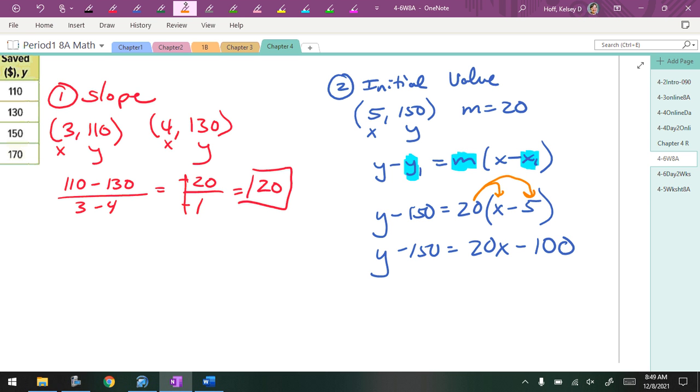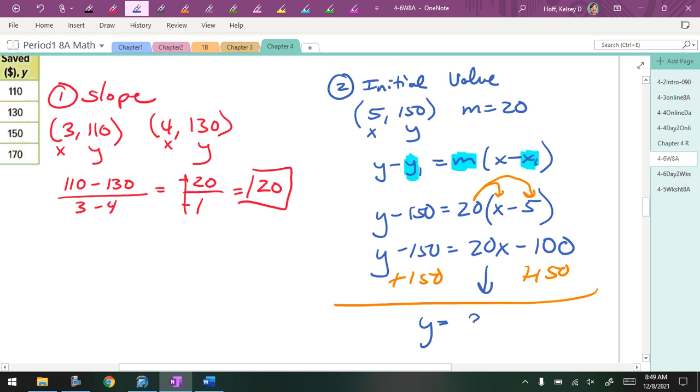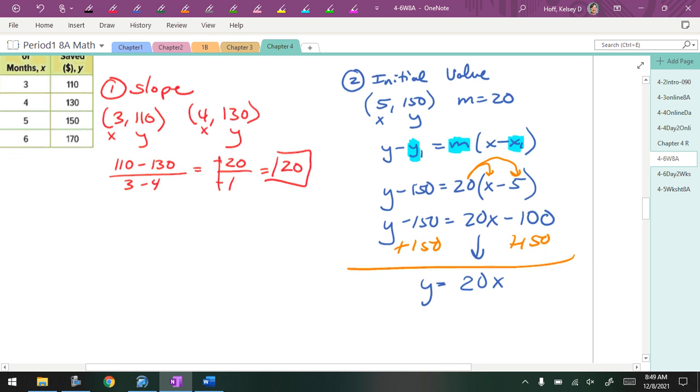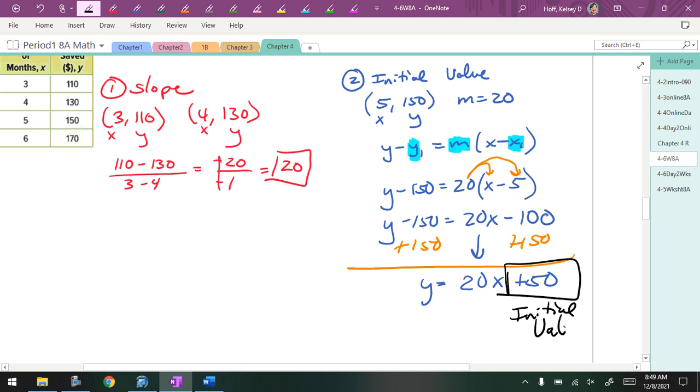Then plus 150. So y equals 20x, plus 50 or minus 50? I think plus. Plus 50. Which one's my initial value then? Positive 50 is my initial value.